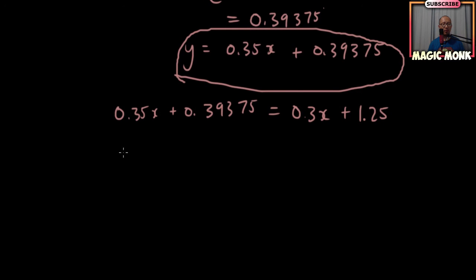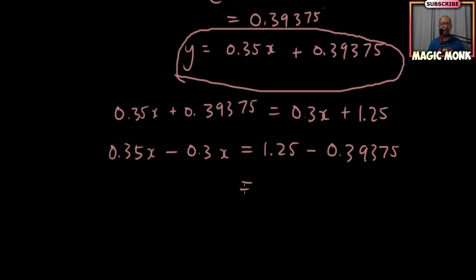I'm going to move all the x's to the left: 0.35x minus 0.3x. I'm going to move all the numbers to the right: 1.25 minus 0.39375. The left-hand side will become 0.05x.